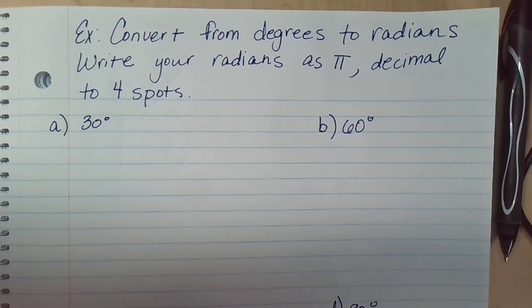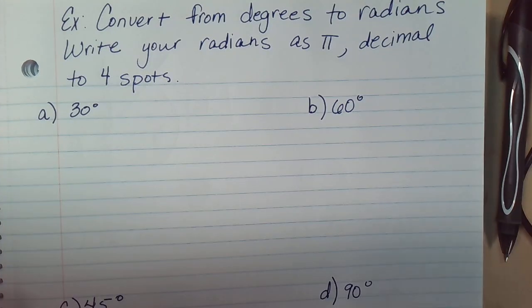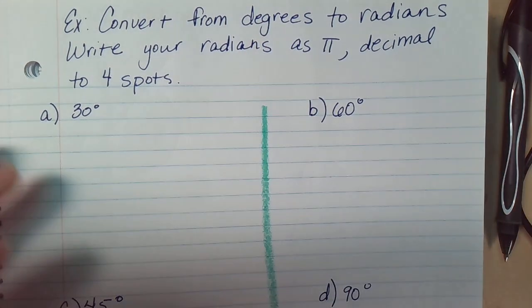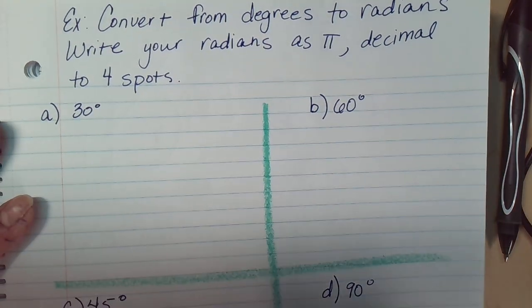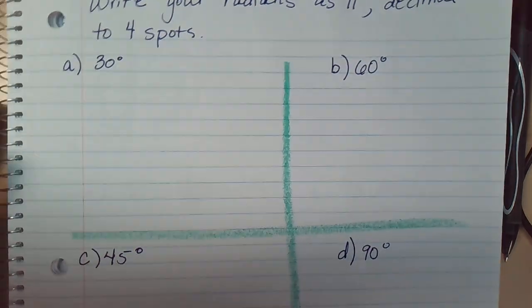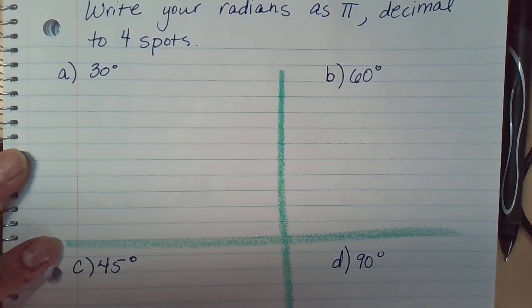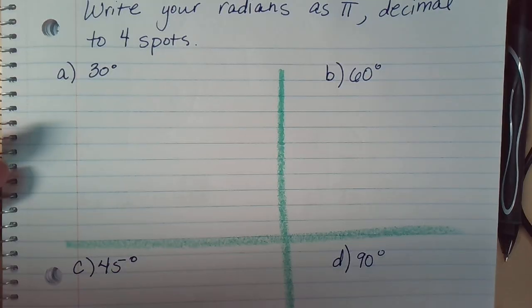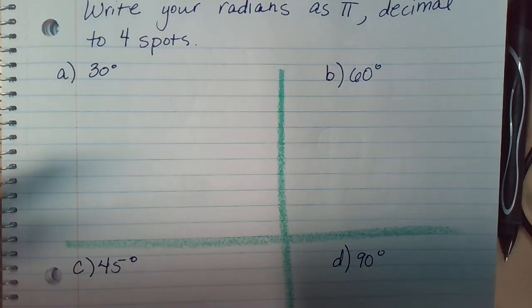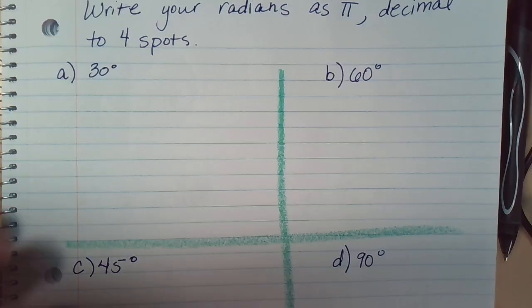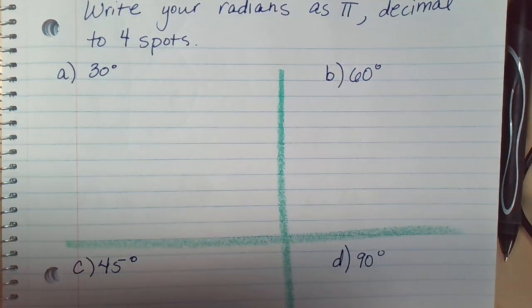All right, now we're going to learn how to convert from degrees to radians. And then I want us to write our answer as a pi and as a decimal. There's a couple of different ways we could do this. Let me try and explain what we're doing.